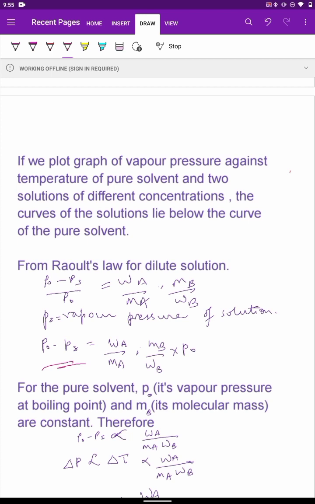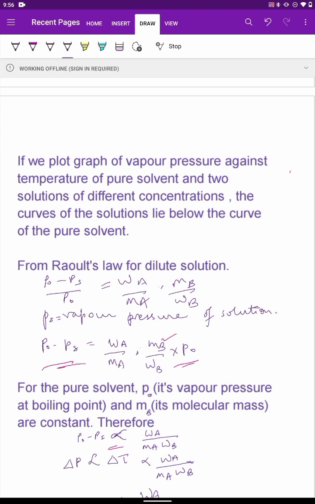For pure solvent, P0 is the vapor pressure at the boiling point. Mb is the molecular mass, and these are constant. So when these two are taken as constant, we add a proportionality sign, and we find that P0 minus Ps is directly proportional to Wa by Ma into Wb.